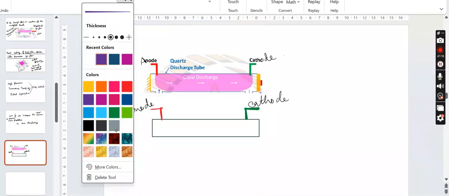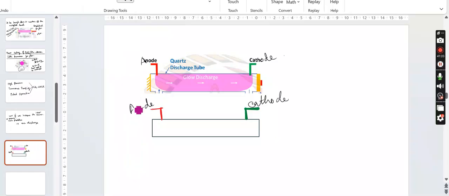So the anode and cathode, the tube is almost the same, they don't vary the thickness. And this is due to my drawing. The arc discharge follows a particular pattern. This is arc discharge.